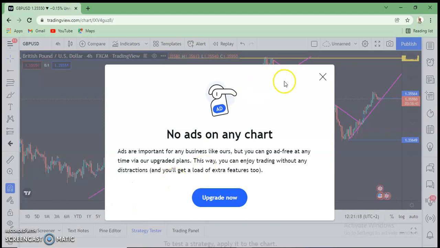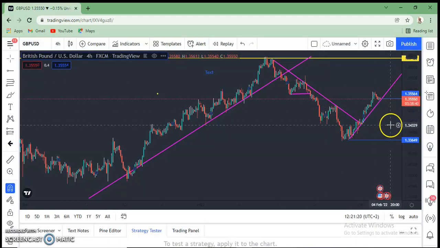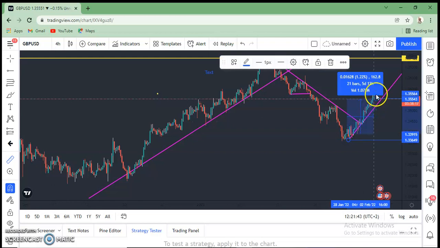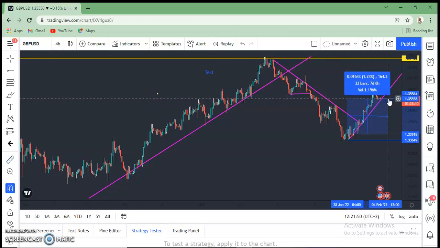So how do you know these pips? When you take this point here to this point here, and subtract this one from this one, you will find it's around 199 pips. So that is how we measure the market.